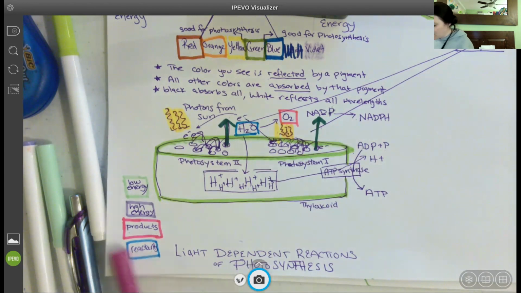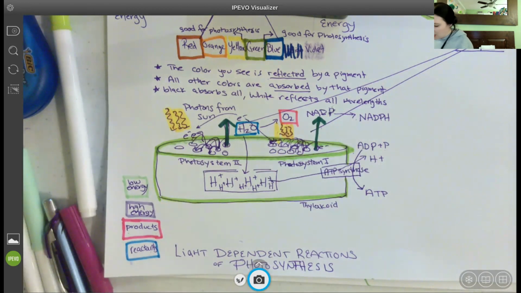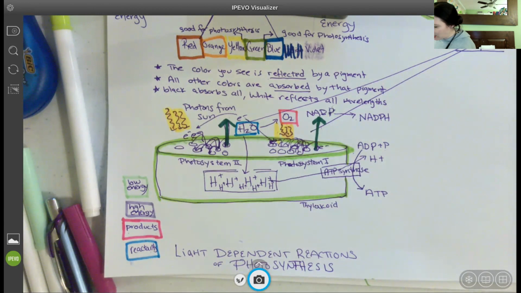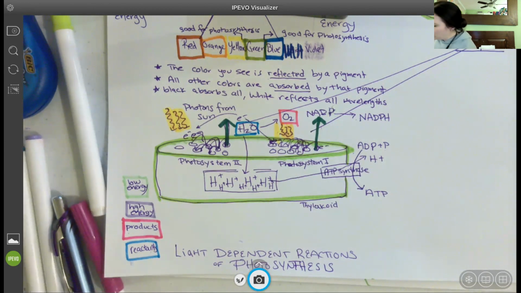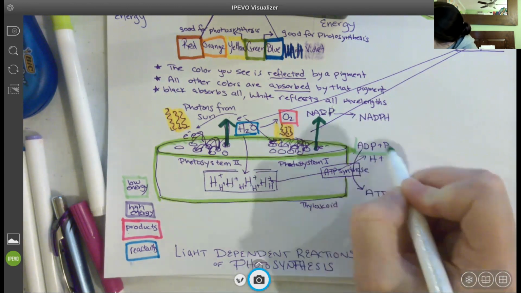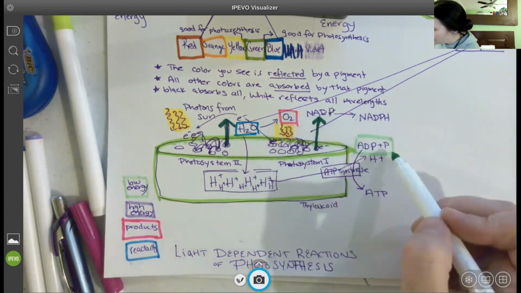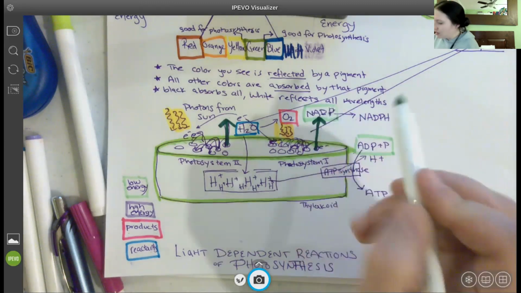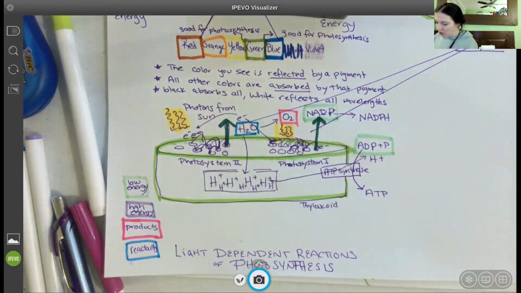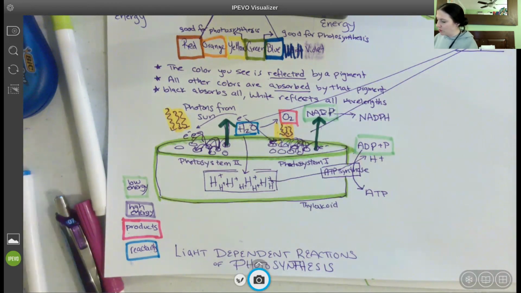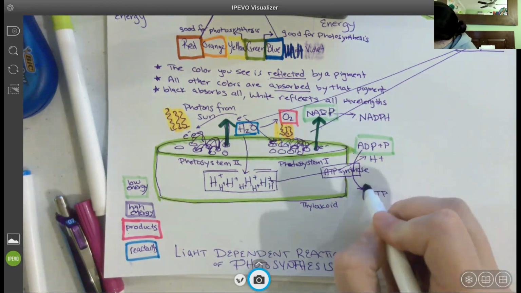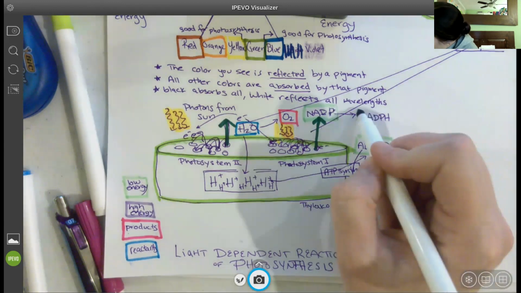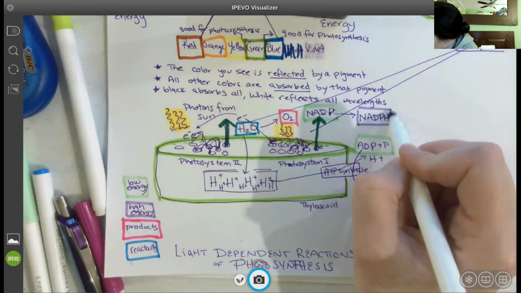But some of the big deal things is that you take low energy intermediates, ADP, and a phosphate, and NADP, and you make them into high energy intermediates, ATP and NADPH.